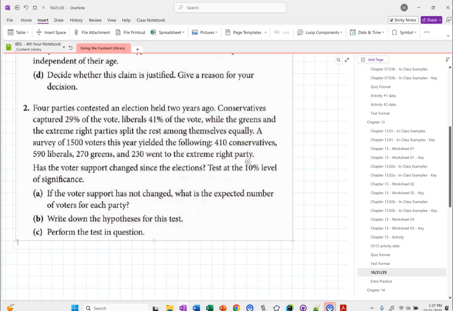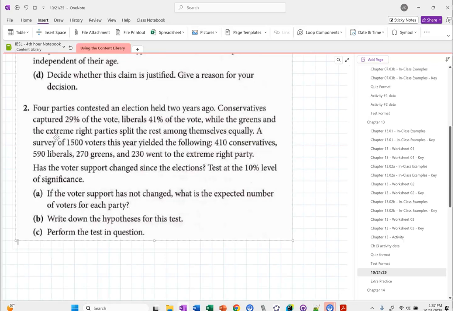I would expect 29% of the voters that I surveyed to report being conservative. Was there 1,500 the first year? Doesn't matter. There's 1,500 sampled now. So I'd expect still 29% of them to be conservative. That would be my expected count.